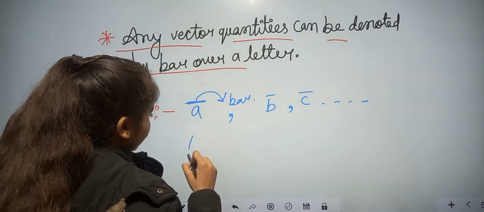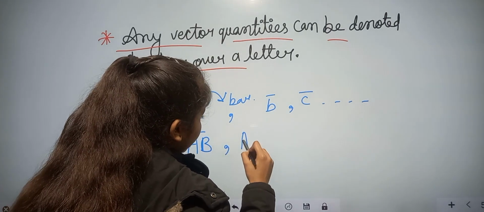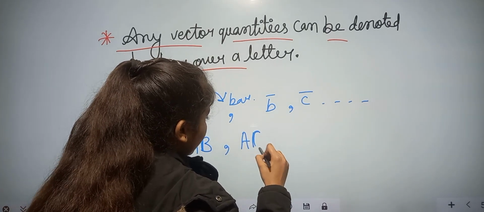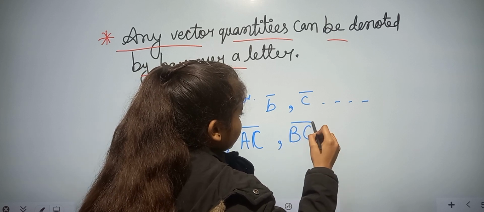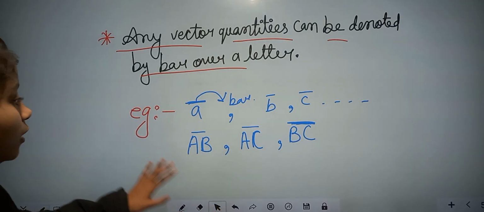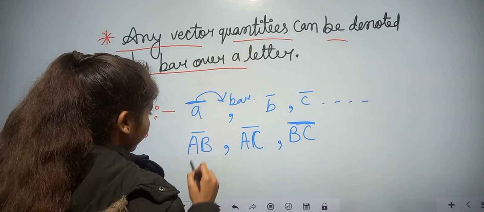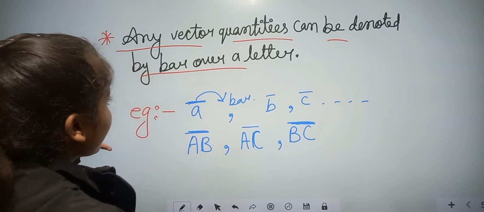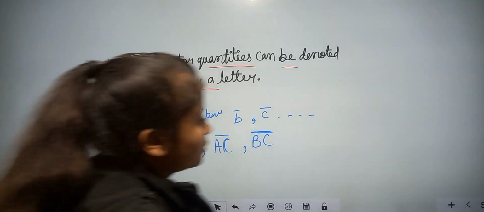And we can also write AB, AC, BC with a bar. Okay, so this line over a letter is called a bar. So any vector quantity can be denoted by a bar over a letter.